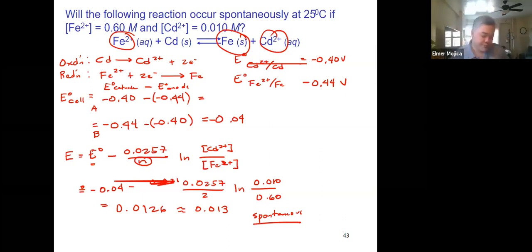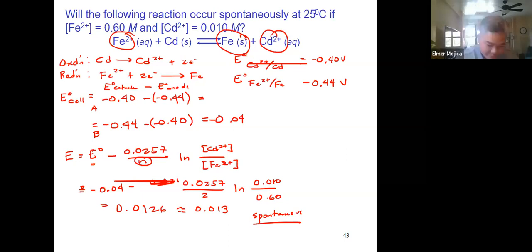Question? Before we go, what if we have a concentration cell and it's made up of the same material? Is it possible to have a battery that is made up of the same material, but they just have different concentration?